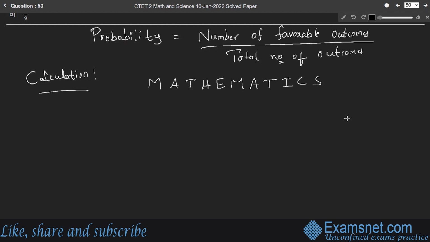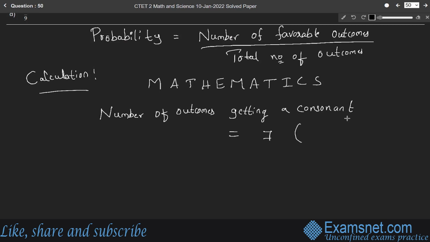Here, the number of outcomes getting a consonant is equal to 7.